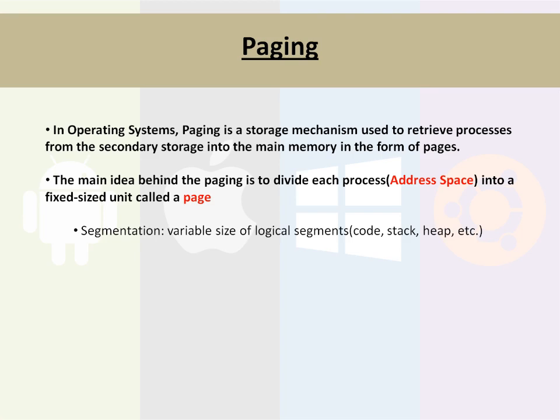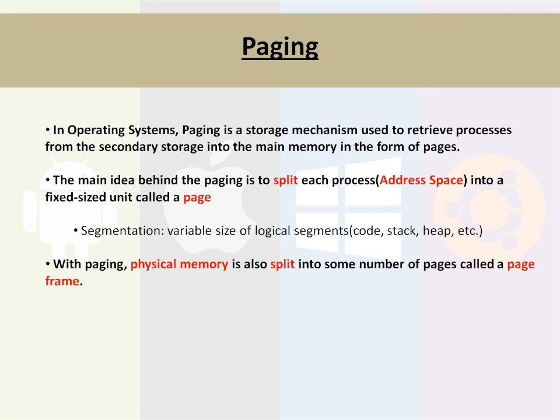The code segment in one process could be a different size to the code segment in another process. The same for the stack, heap, etc. Whereas paging uses a fixed sized unit. And with paging, physical memory is also split up into a number of pages, and these are called page frames. So the address space is split up into pages, and the physical memory space is split up into page frames.